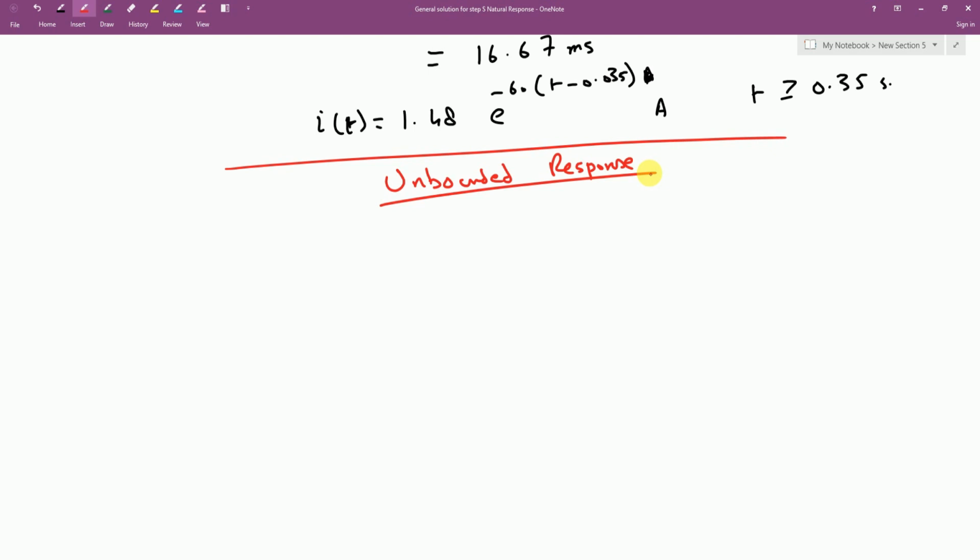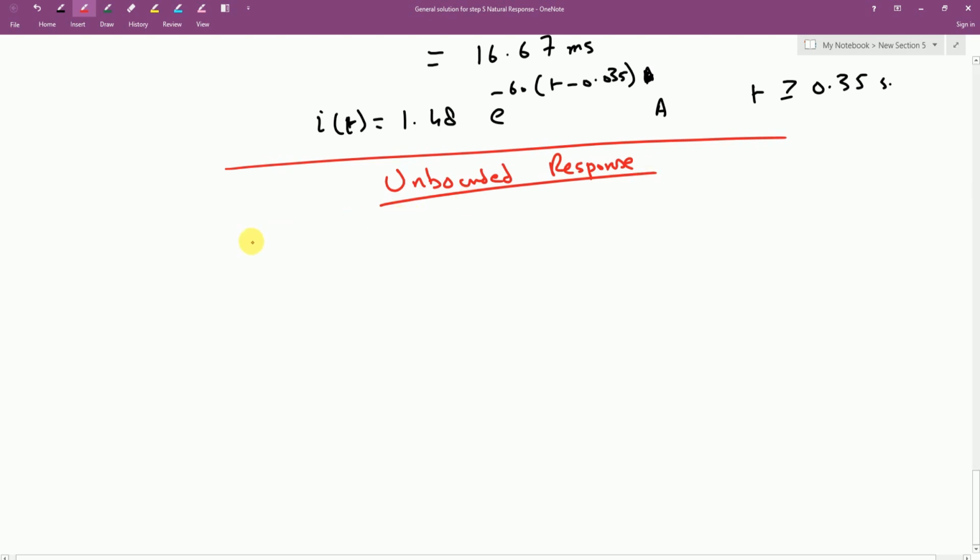But the question is, do we have any kind of circuit where the exponential term becomes positive, thereby creating instability in our given circuit, because that can lead to an infinite amount of current or voltage. Practically, this is not limited to infinite voltage or current, because ultimately any positive exponential or any unbounded response leads to the destruction or failure of the devices connected in a given circuit. But we need to see whether or not we can have an unbounded response.